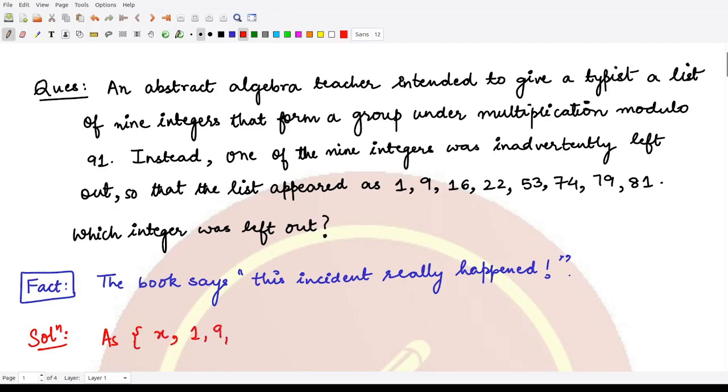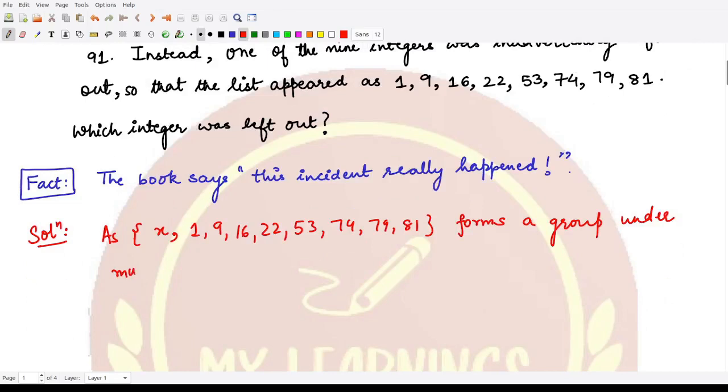So 1, 9, 16, 22, 53, 74, 79 and 81 form a set which forms a group under the operation of multiplication modulo 91, right? Thus it follows the very first property, the closure property, correct?